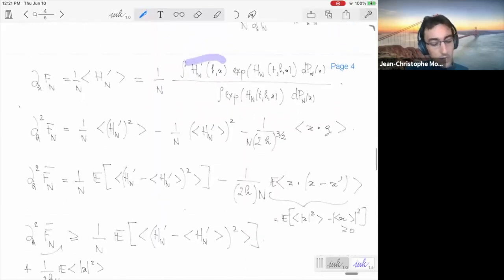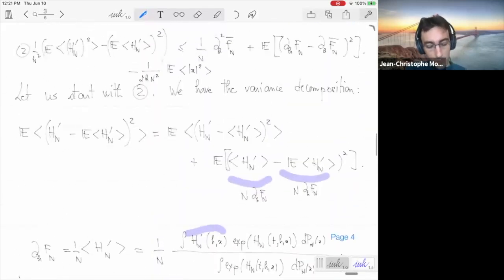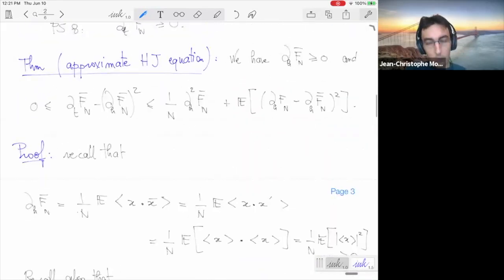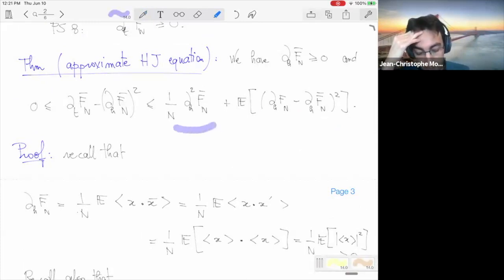So let me summarize it one more time, just so that we understand the structure. What we really wanted to show is this approximate Hamilton-Jacobi equation. So we wanted to say that we can control this variance guy by, well, unfortunately, not like in Curie-Weiss, not just the second derivative multiplied by 1/n, but instead this guy plus some fluctuation term.